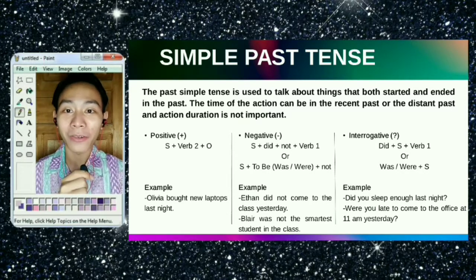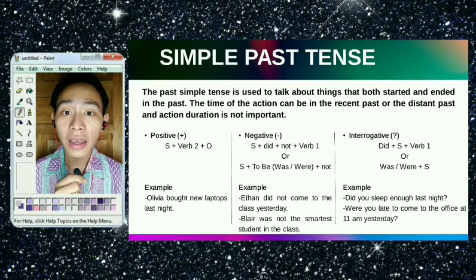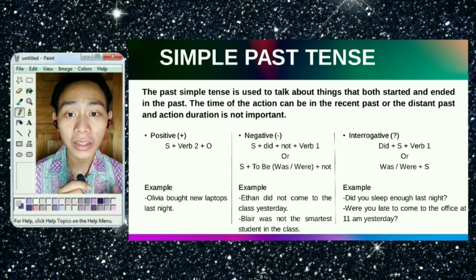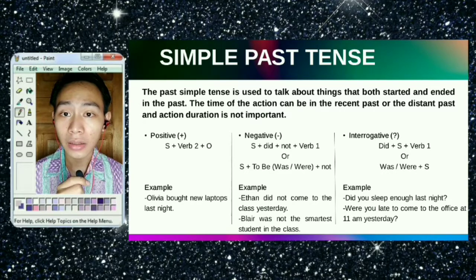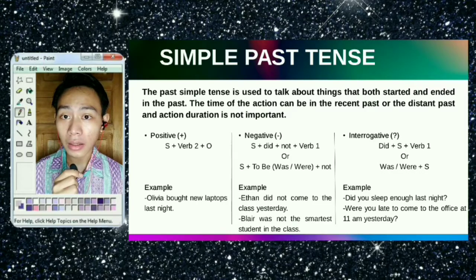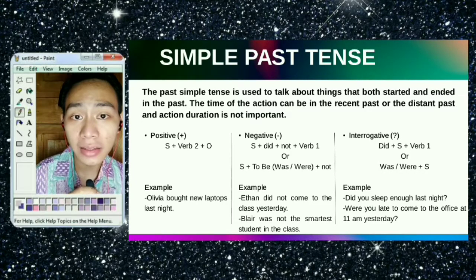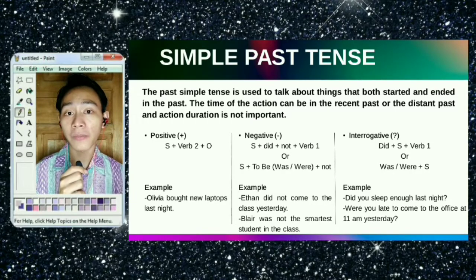Okay, now, do you know there is not only one tense in English to discuss the past? We know the past tense is a tense to discuss situations that have passed.